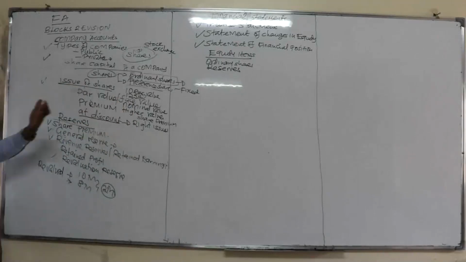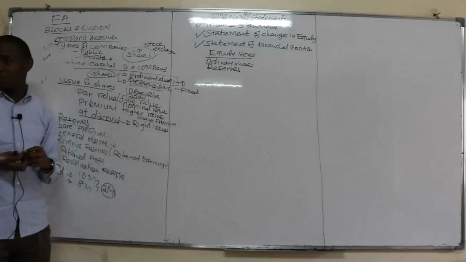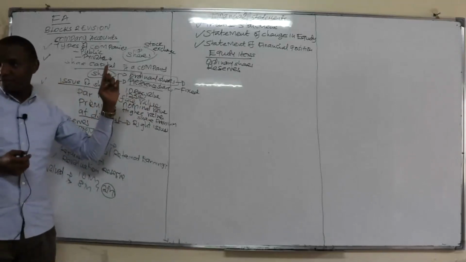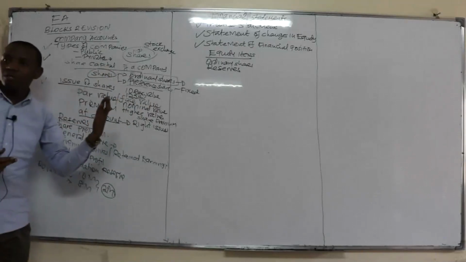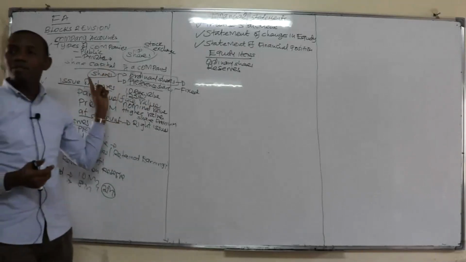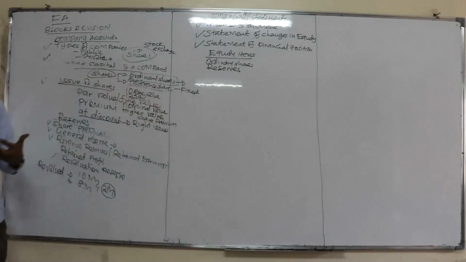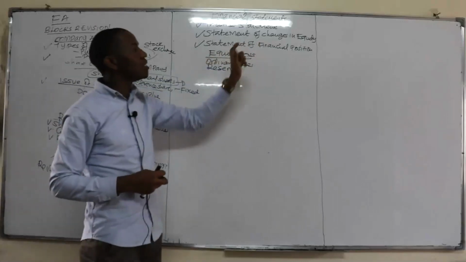If the bank gives you a loan, it will not want to know how you have used that loan. What the bank will be waiting to receive is the interest. Same case to the preference shareholders. They will give you the money, and what they will be waiting to receive is only the dividends, which we said is at a fixed rate. That is the statement of changes in equity.